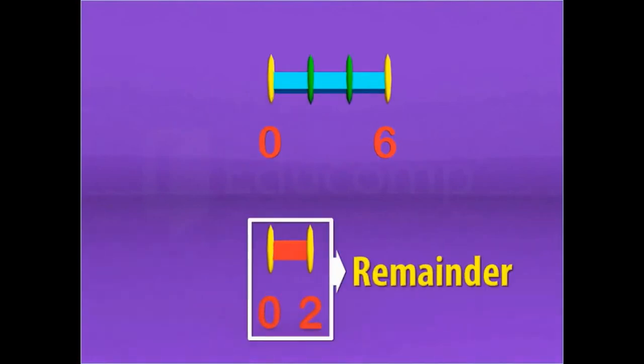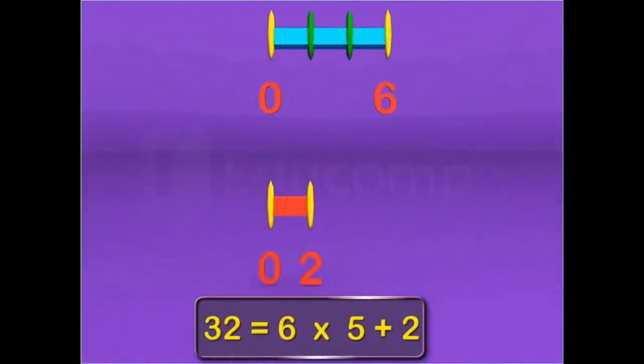Now consider the numbers 6 and 32. You can subtract 6 5 times from 32, leaving the remainder 2. This step shows the use of Euclid's division lemma to 32 and 6.